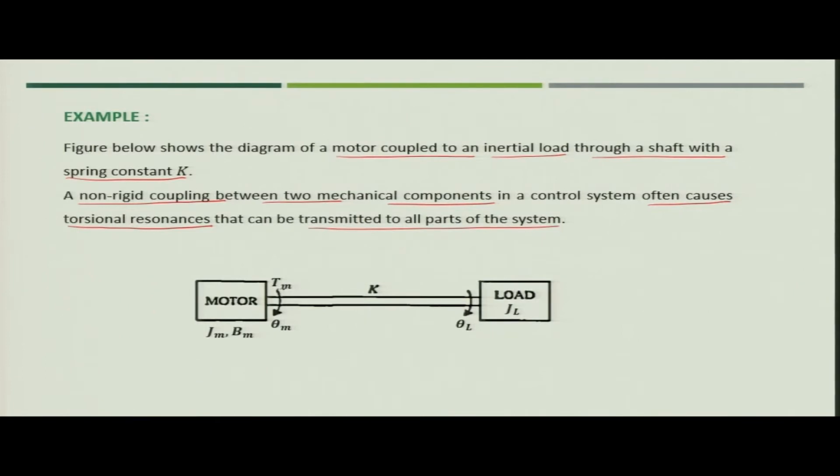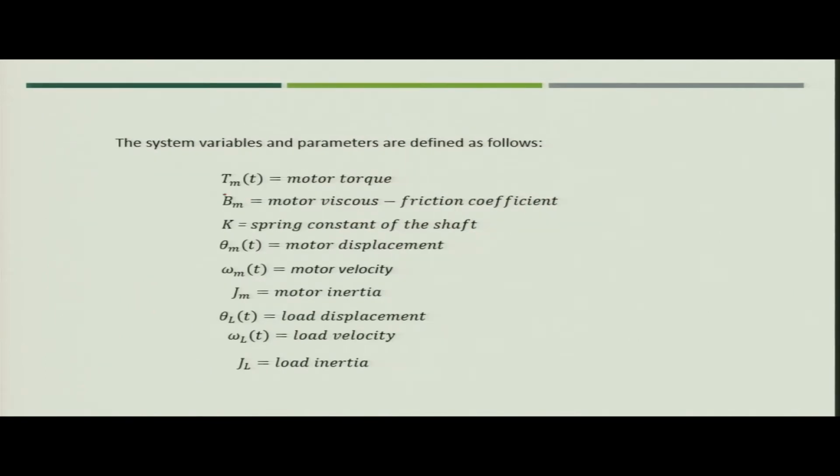Now, let us see how we can create the free body diagram. The variables which we will use to define the free body diagram of this mechanical system are Tm, the motor torque; Bm, the viscous friction coefficient related to the motor; K, the spring constant of the shaft; theta m, the motor displacement; omega m, the motor velocity; Jm, the motor inertia; theta L, the load displacement; omega L, the load velocity; and JL, the load inertia.